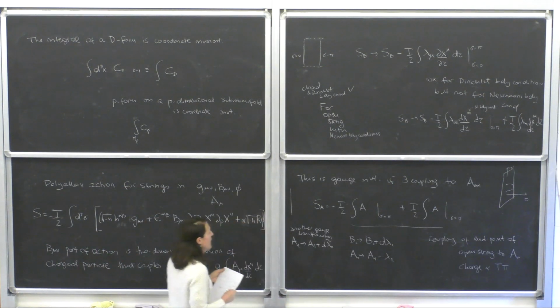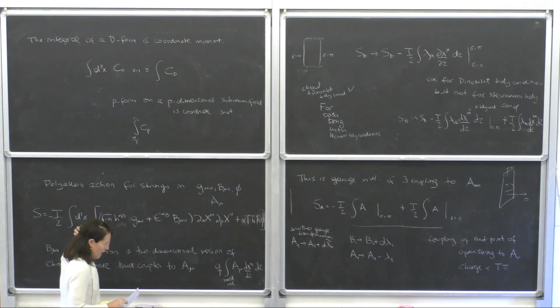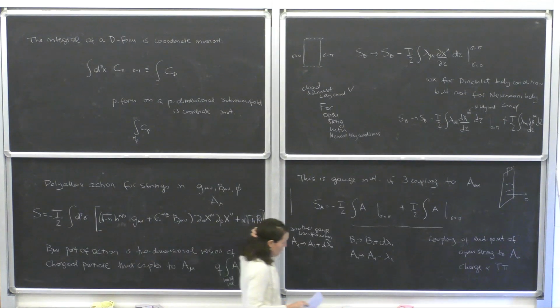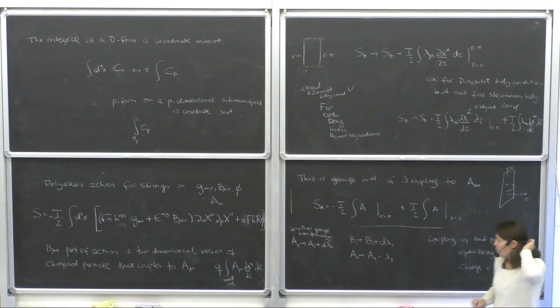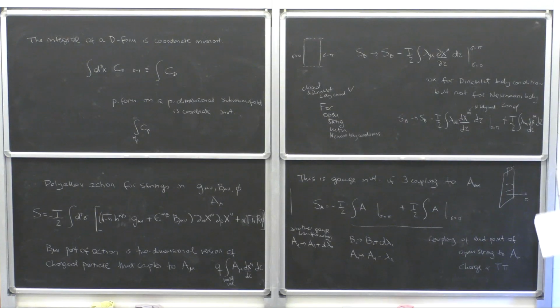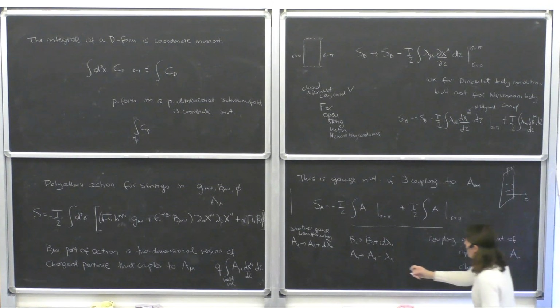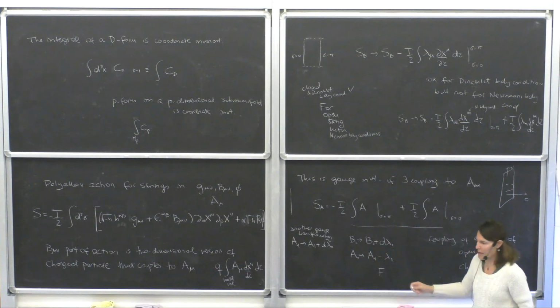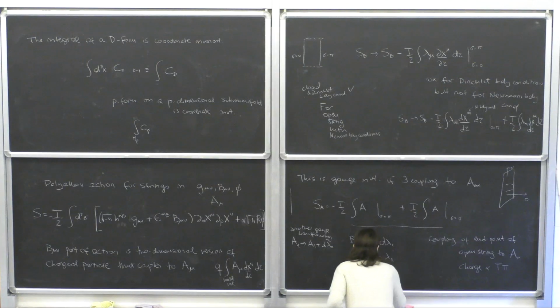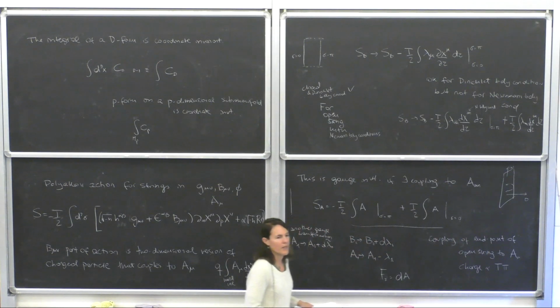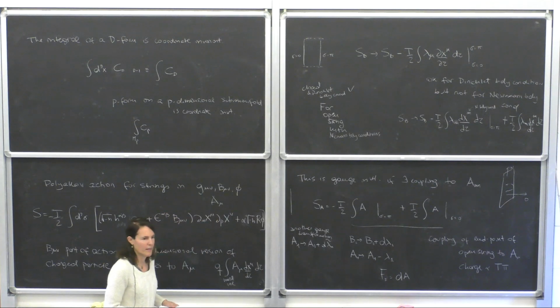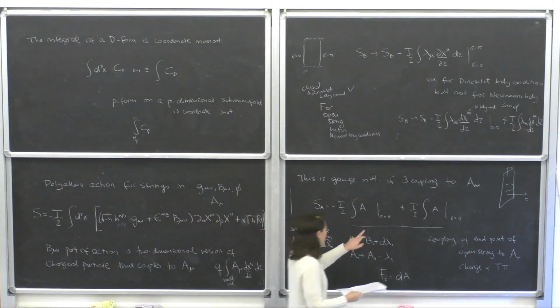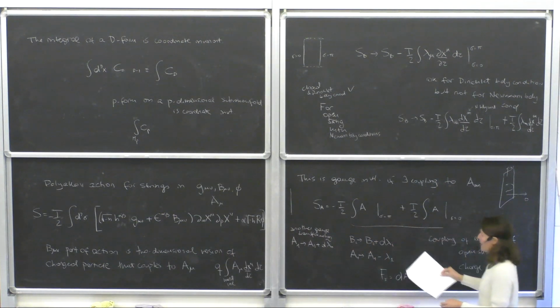Yeah, I don't think I will have time to talk about this, but when you write the D-brane action, then whenever you have the field strength, I guess your question is about F2, which is dA. Now it's not gauge invariant under this transformation. It goes to F2 plus d lambda 1.